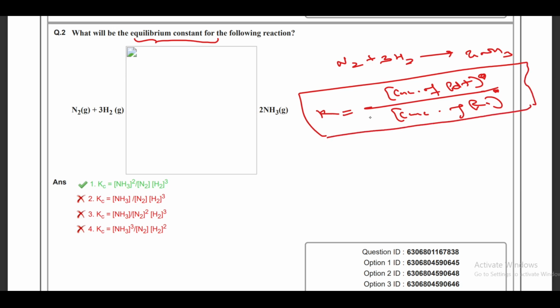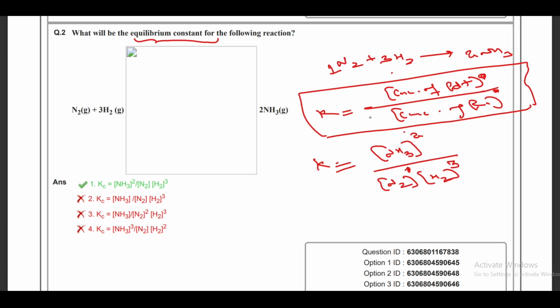and in this way you can find the equilibrium constant of any reaction. In this case, the product is ammonia, so its concentration is in the numerator, and its stoichiometric coefficient is 2. In the denominator, the concentration of reactants, and there are two reactants, one is nitrogen and the other is hydrogen, raised to the power of their stoichiometric coefficients. For nitrogen the stoichiometric coefficient is 1, and for hydrogen the stoichiometric coefficient is 3.